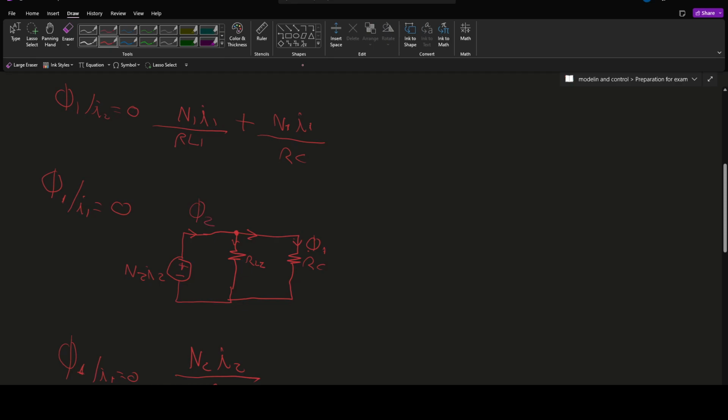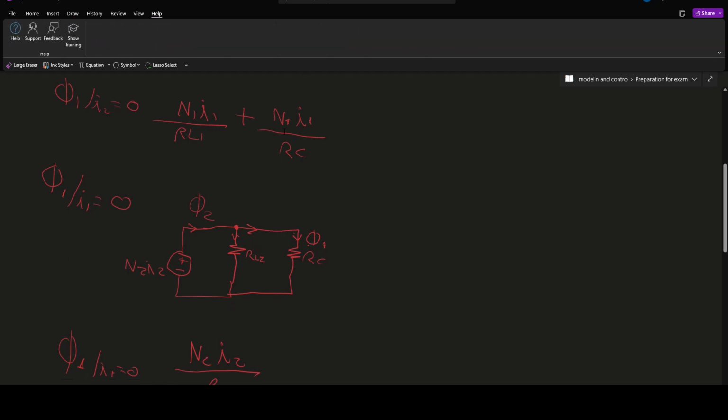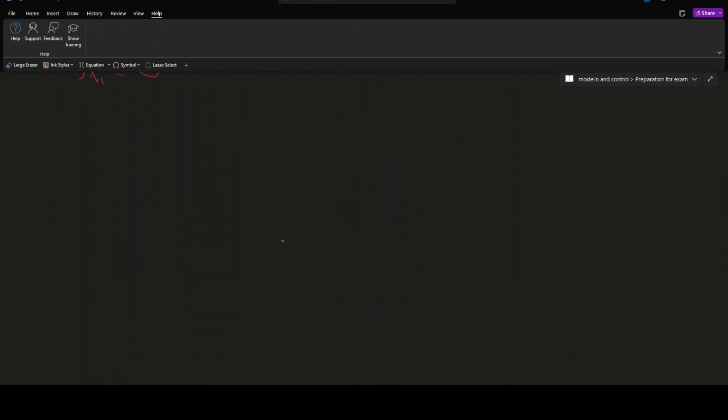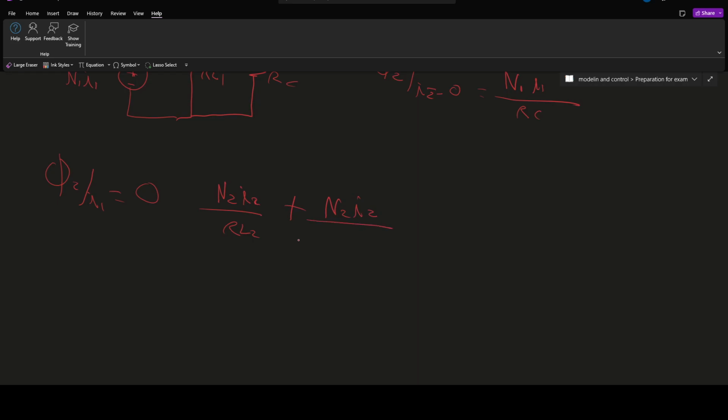So we know that it is the sum of these two. In this case, it's going to be N2 times I2 over the reluctance of the leakage, RL2, plus N2 times I2 over the reluctance of the core.